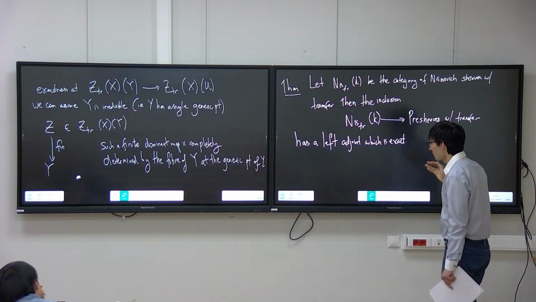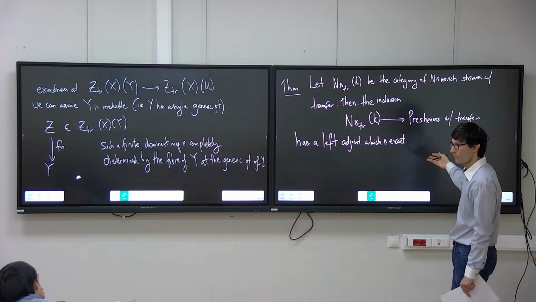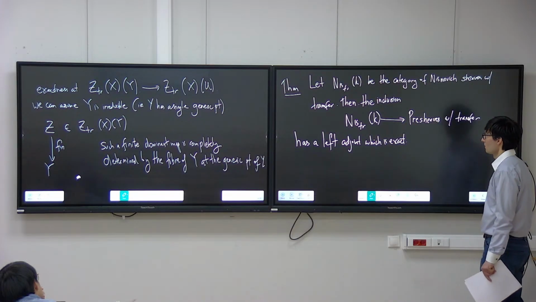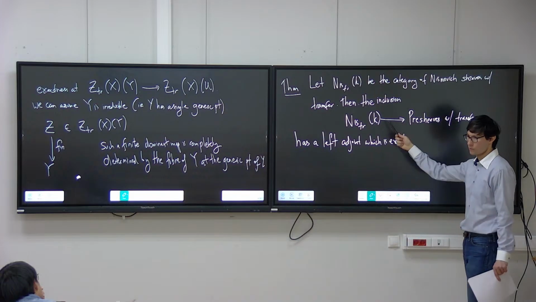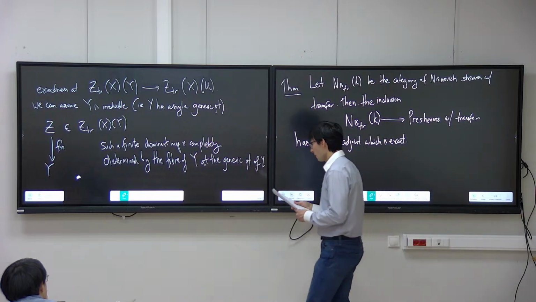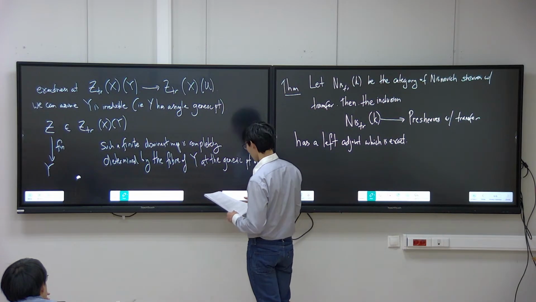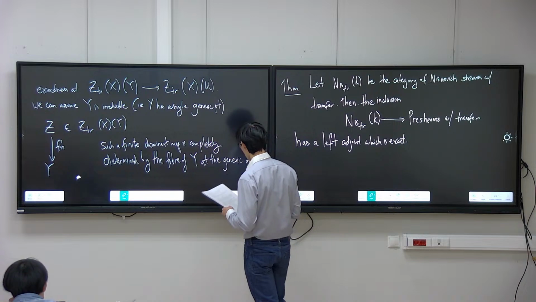So this is just a fancy way of saying there is a sheafification. Sheafification is usually a left adjoint to the inclusion functor from sheaves to presheaves. We can try to prove some parts of it. Let me try.